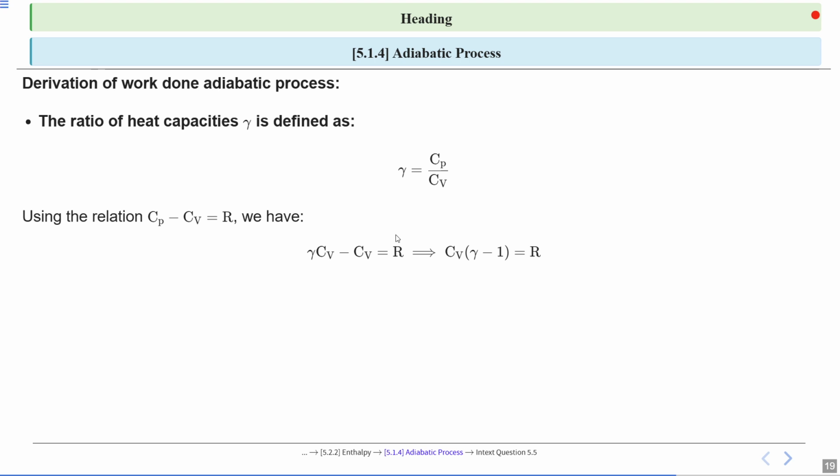Is it clear? Just use both of these equations, you will get this: gamma Cv minus Cv is equal to R.